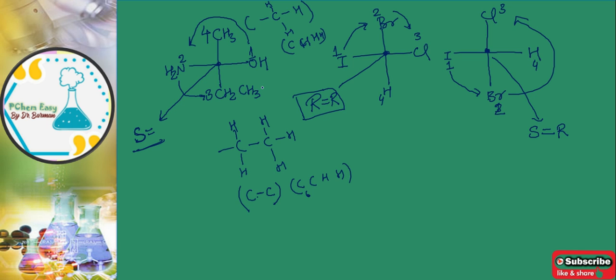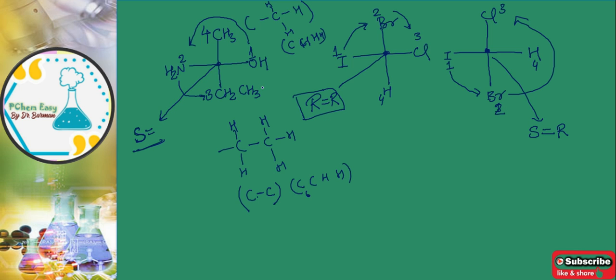Now let us discuss the example having two chiral carbons. Okay, so I will draw that.